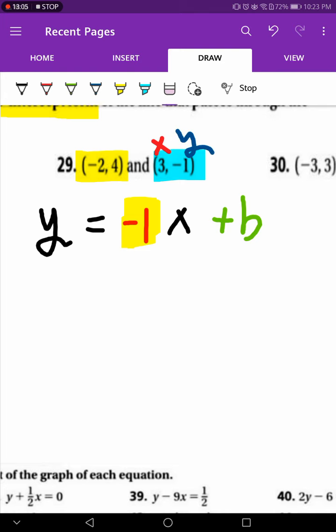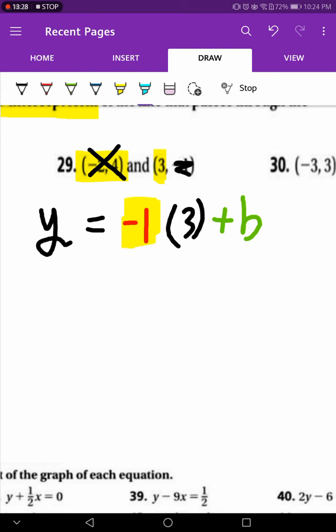Okay, let's go. I cancel this to avoid any confusion and determine the x. The x comes with the x here. So I erase the x here and write 3. And the y here is -1.